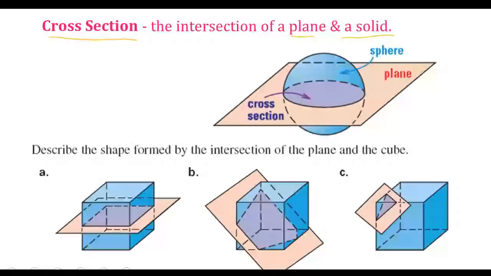So when we're working with cross sections for our purposes, we're just going to describe the shape that's formed. In this example, the cross section creates this shape, and this shape looks like it's a circle. So that's what we're going to call it.